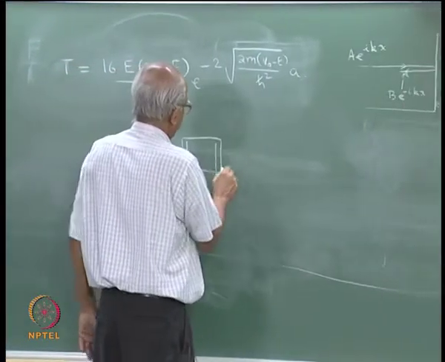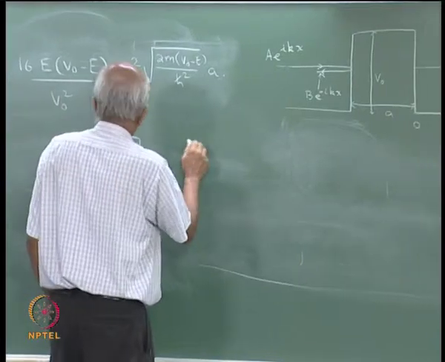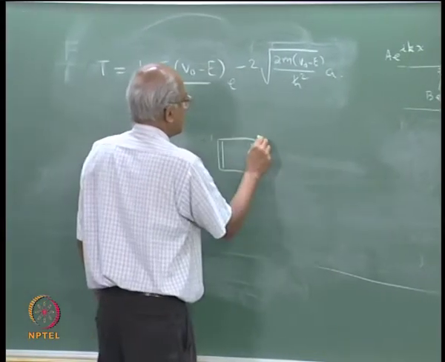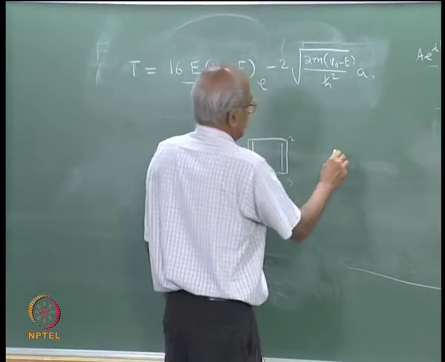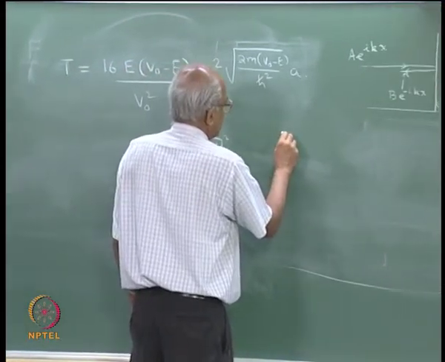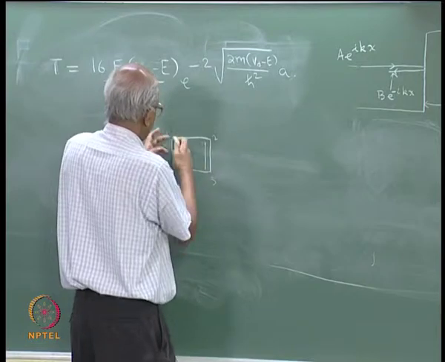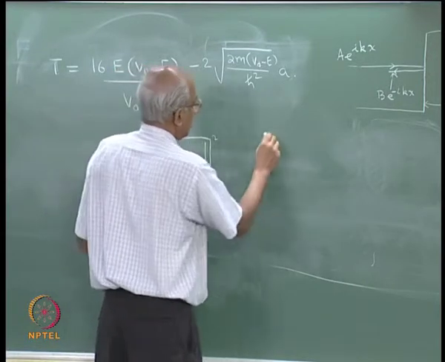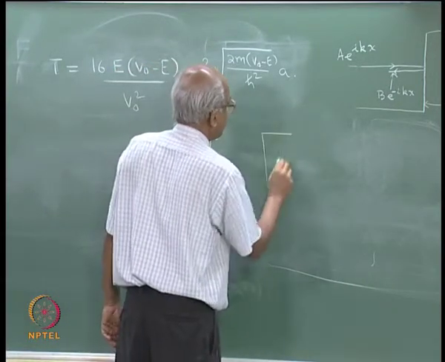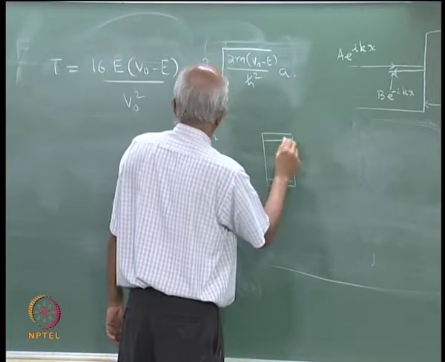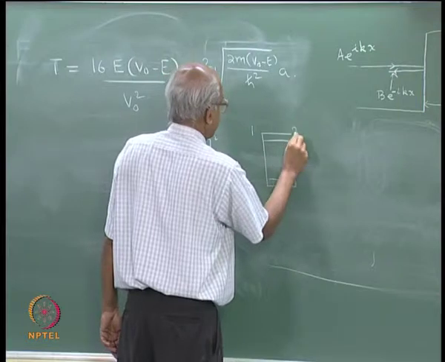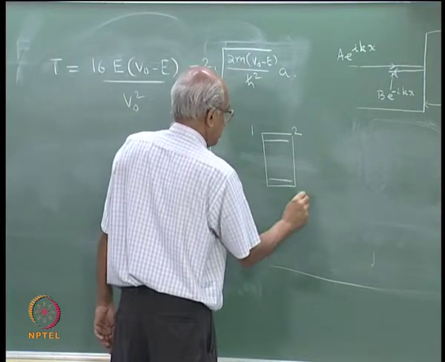But if you think of this molecule, let me number the carbon atoms: 1, 2, 3, 4. This molecule can have an arrangement where the double bonds are not between 1 and 4 and 2 and 3, but like this, so the double bonds are between 1 and 2 and 3 and 4.